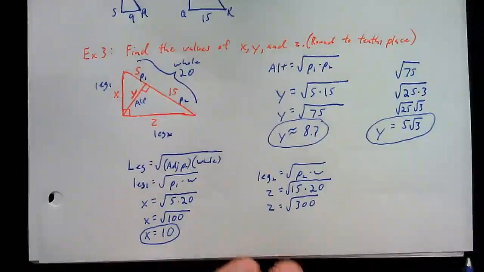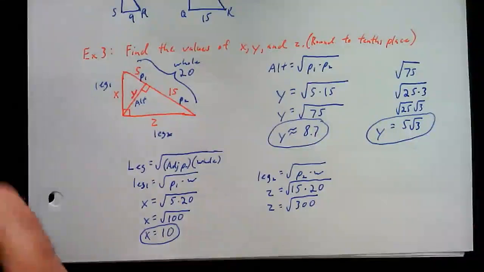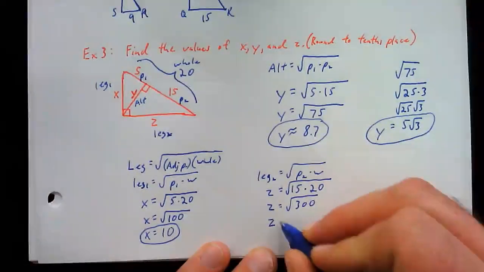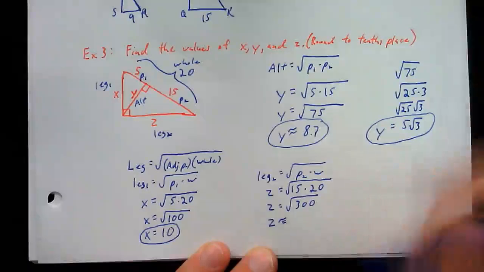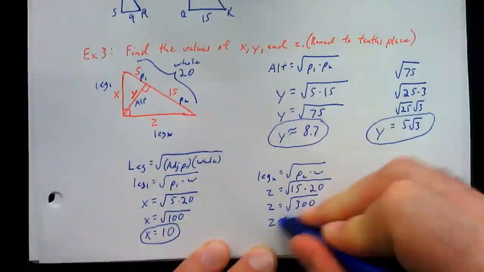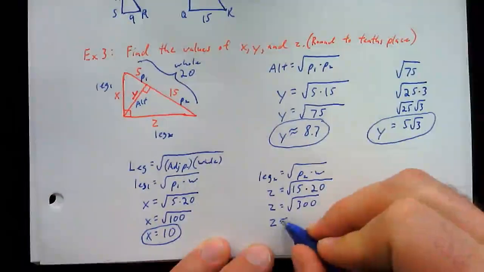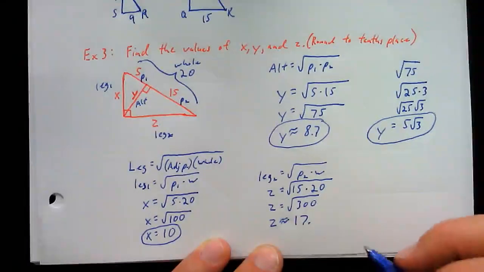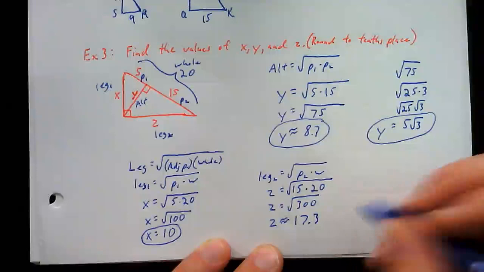And 300 is not something that comes out to a whole number. So if you were to use a calculator and round this off, the square root of 300 is going to come out to approximately, oops, I don't know why I did congruent symbol. I meant to do approximate. Two of the squiggly lines. Approximately 17.32, so it's going to round off to 17.3.